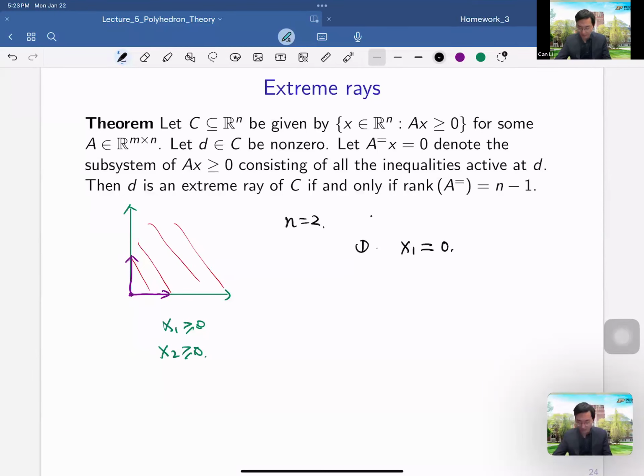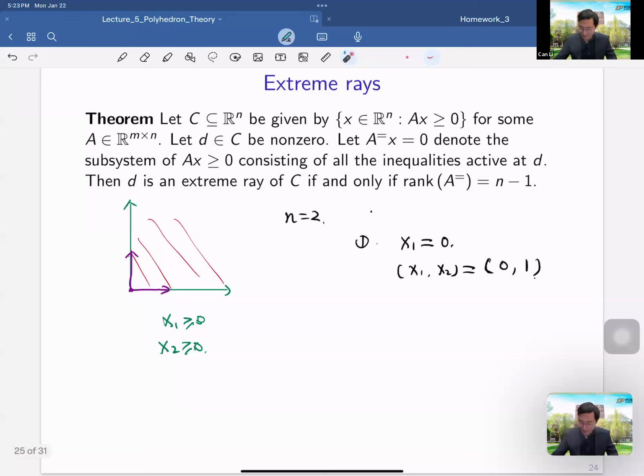And we need a non-zero vector that satisfies this constraint. Then the non-zero vector would be (x1, x2) equal to (0, 1), right? And this direction clearly satisfies this constraint here. And with that, we get the extreme ray in this direction.